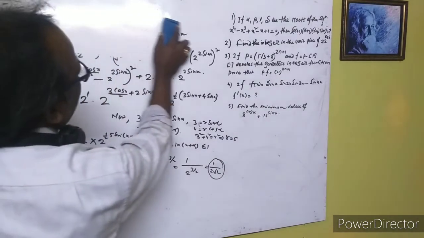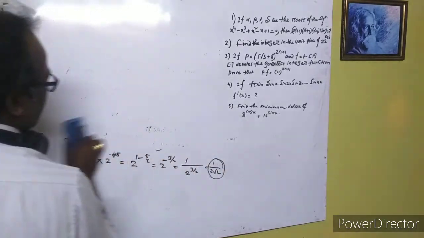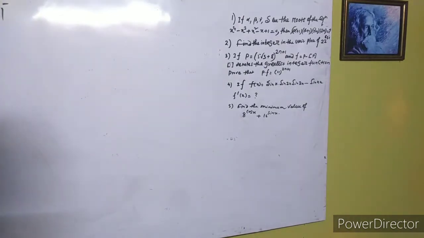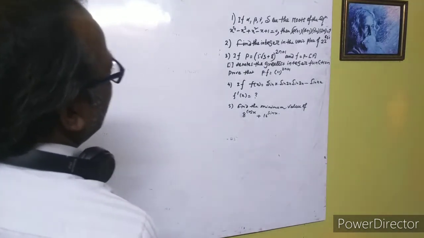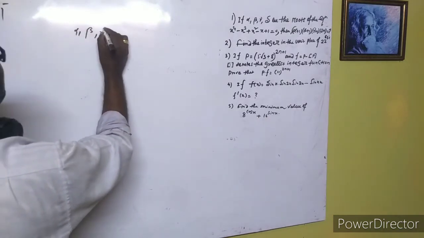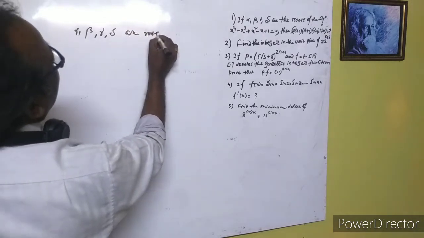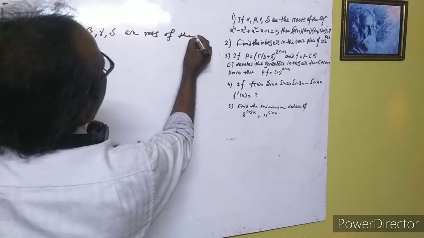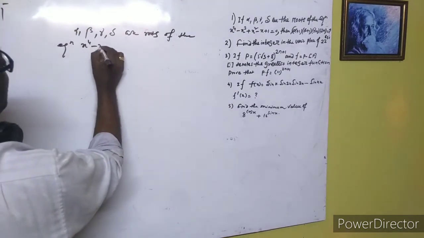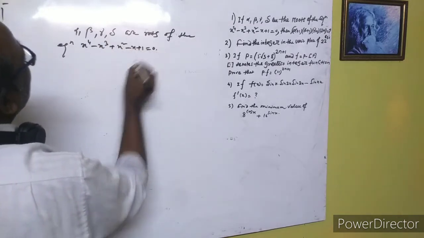Now erase this, and now we proceed to question number 1. Alpha, beta, gamma, delta are the roots of the equation x to the power 4 plus x cube plus x square plus x plus 1 equal to 0.